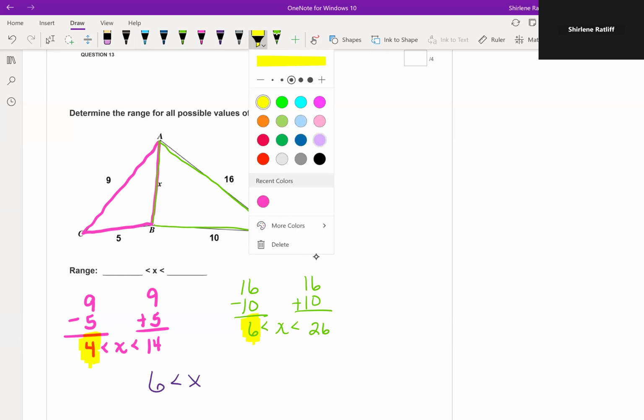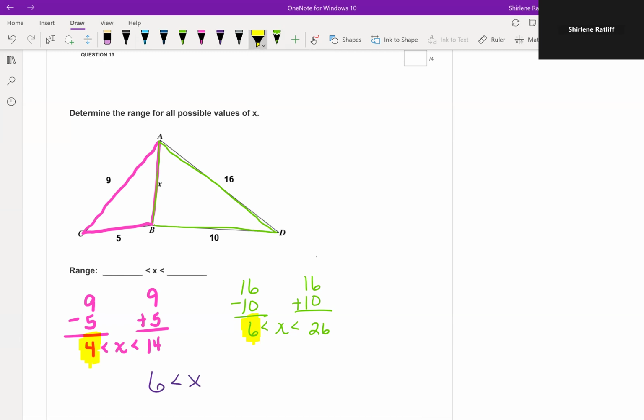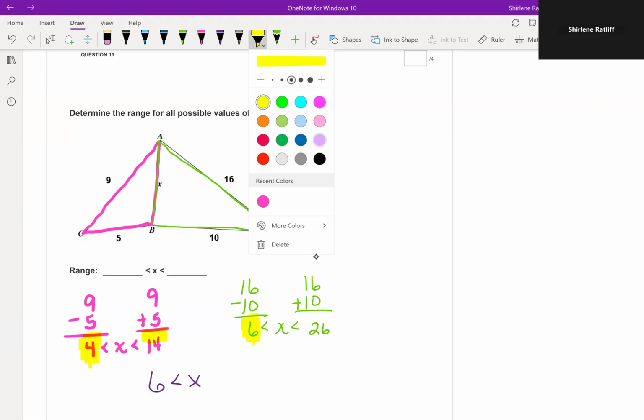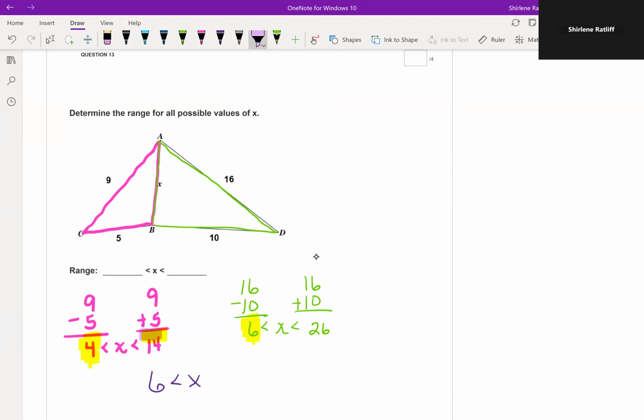And take the highest of the low and the lowest of the high. So, I know I changed that color. Let's try again. It's all good. For the upper ends, the high numbers, we have a 14 and we have a 26. You take the highest of the low and the lowest of the high.